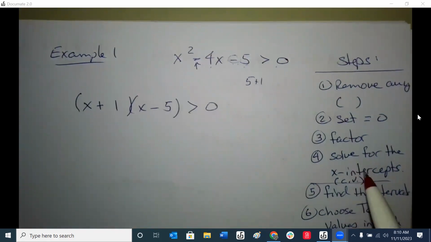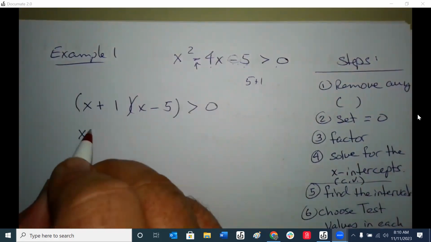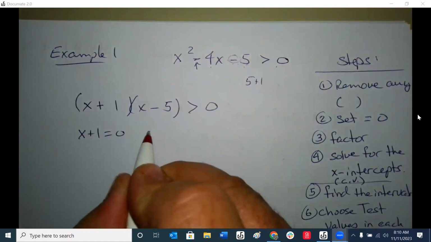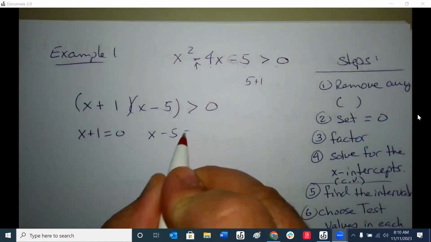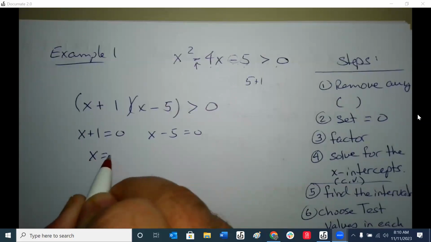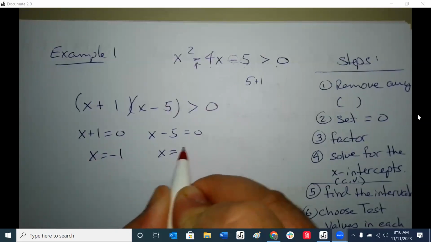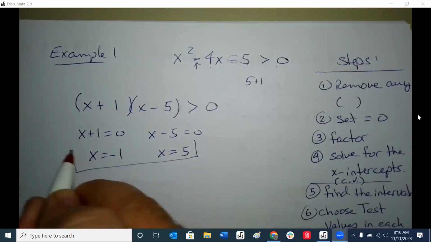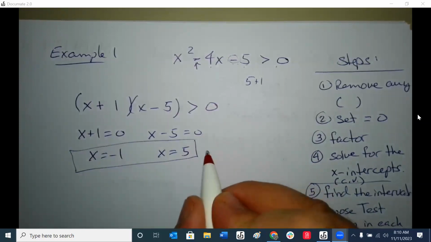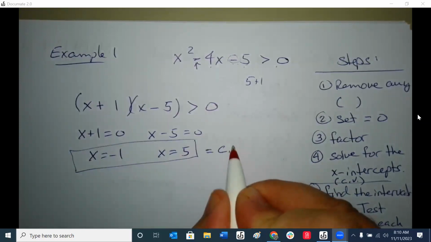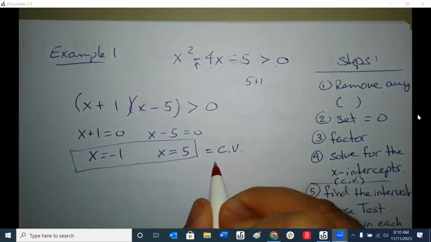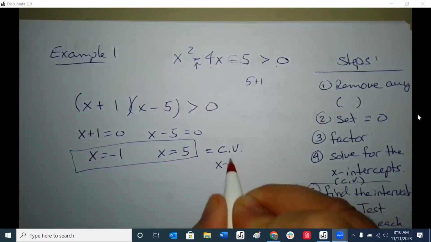Now it says solve for the x-intercepts. In other words, take both of these, set them equal to 0, and solve. These are my x-intercepts, my critical values or x-intercepts.